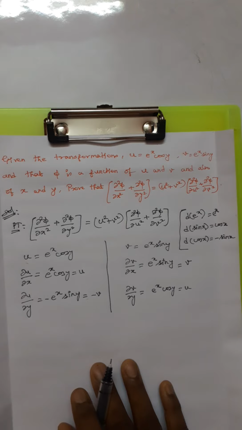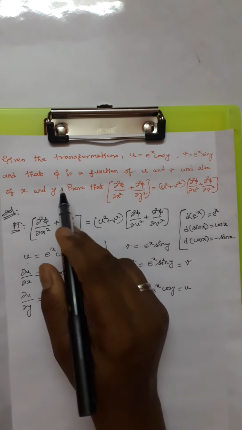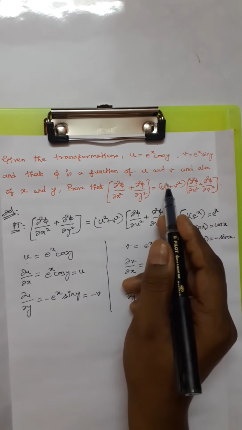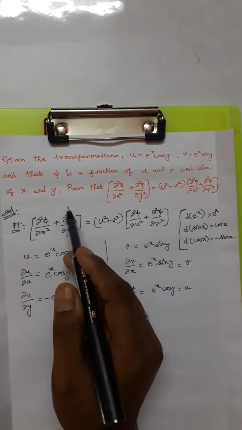What is the other information given in the question? Phi is a function of u and v and also of x and y.